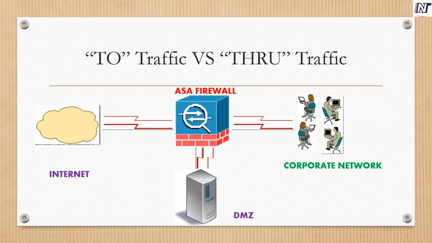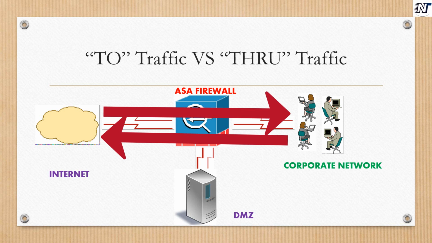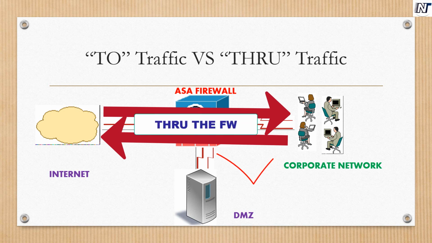The last thing in this particular video that I want to discuss is the to-the-box traffic and through-the-box traffic. The ACL for high to low and low to high that I was already talking about is for traffic which is going through the firewall. So I have an interface over here, and I have another interface over here.